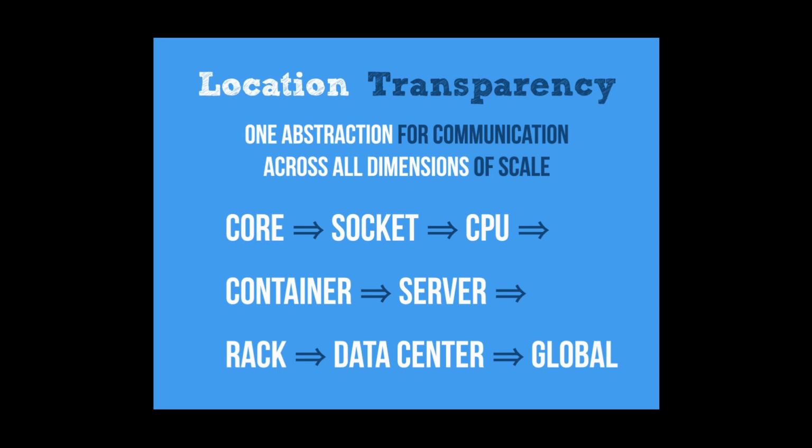That makes distribution and network and communication the same across all these levels, all these dimensions of scale, so to speak. Working with the same semantics, sort of anyway, because latency might increase. So it's not exactly the same, but it's close.